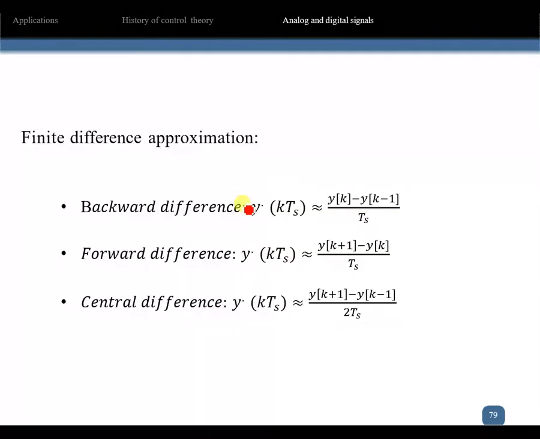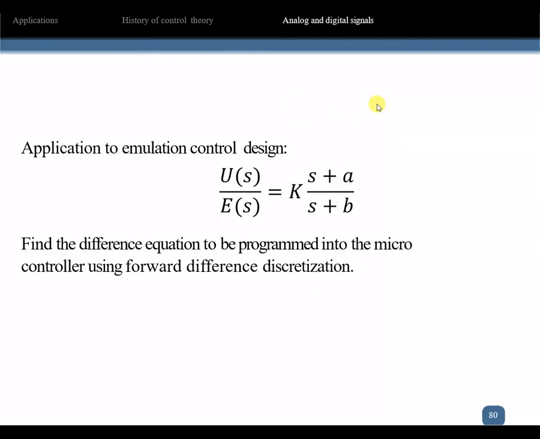Okay, and we put the names: backward difference, forward difference, and the central, or trapezoid, is the same name. These are the three methods to find the differentiated y dot (kTs).